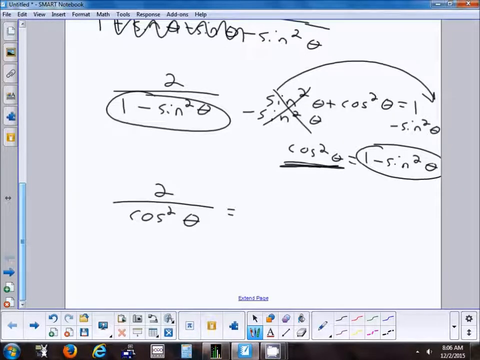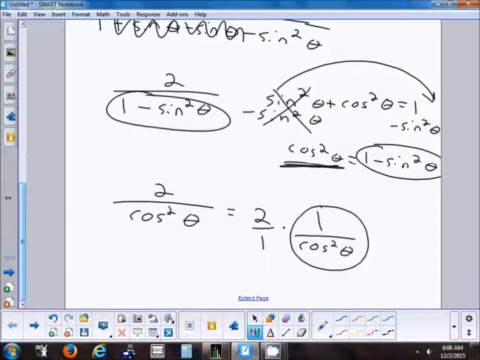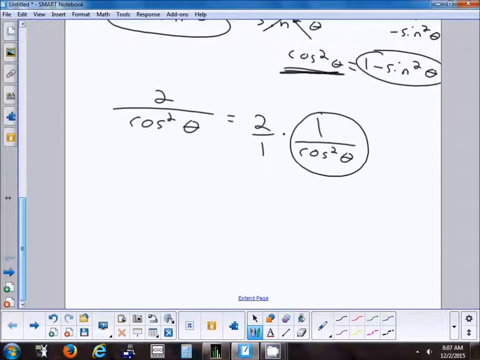Okay, if you want, you can separate this out into 2 parts. You can write it as 2 times 1 over cosine squared. Now, if we were to multiply these back together, you would get 2 times 1 is 2. That would be in the top. And 1 times cosine squared would be in the bottom. The reason I did that is because I want to point this out. 1 divided by cosine squared. In our reciprocal identities, we know that 1 over cosine is secant.